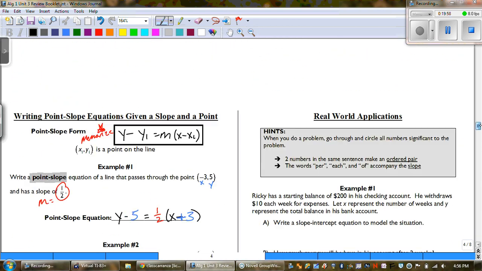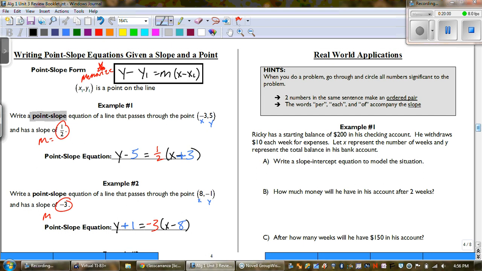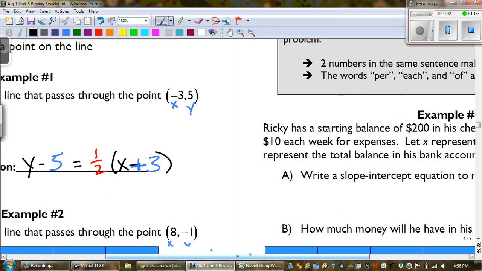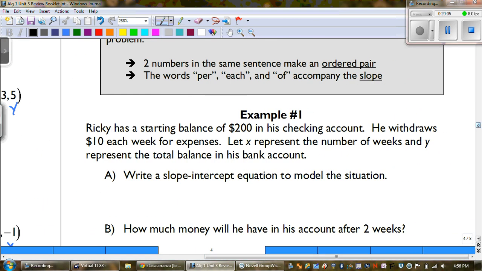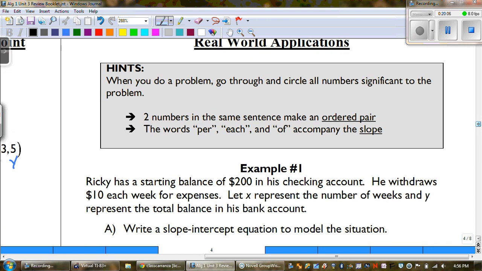All right, and now I'm just trying to find our next page. Real world applications. Our hints tell us that when you do a problem, go through and circle all the numbers significant to the problem. Remember that two numbers in the same sentence make an ordered pair.